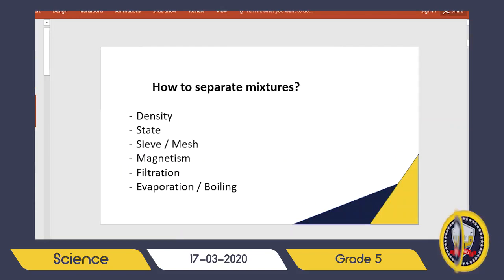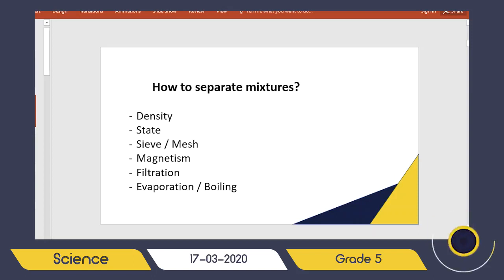So we have basically 6 main techniques for separating mixtures. I will explain each of them in detail, but first I would like to name all of them. We can separate mixtures by considering the density of ingredients.